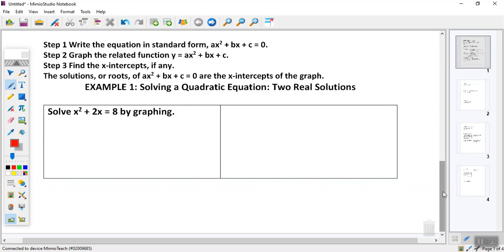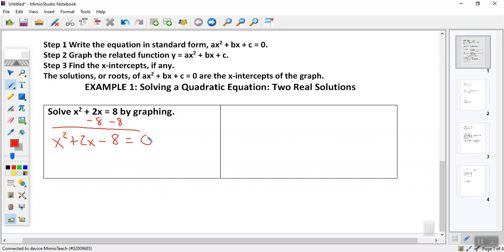What would I have to do to both sides, in other words? Yeah, so if I minus an 8 on the right, I better darn well do it to the left. So what we end up with here, kids, is x squared plus 2x minus 8 equals what value now? 0. Okay? So this is the part where you say, all right, I have my standard form of a quadratic equal to 0 now.